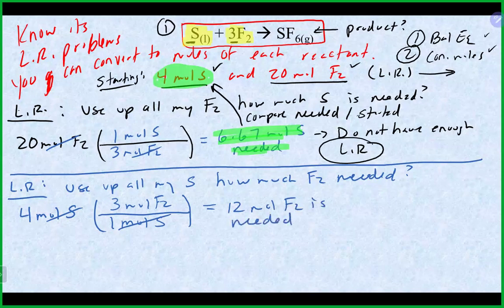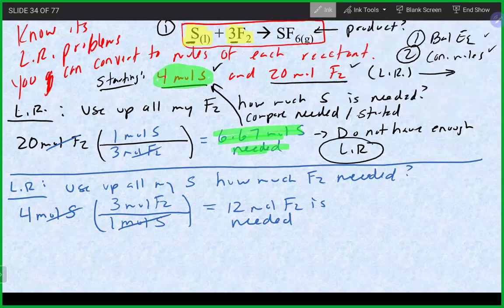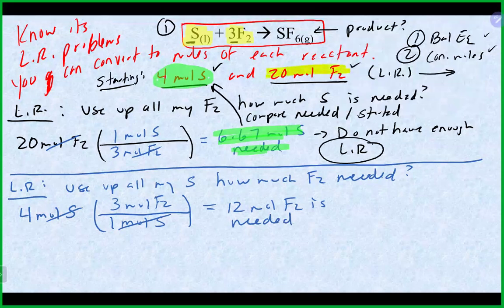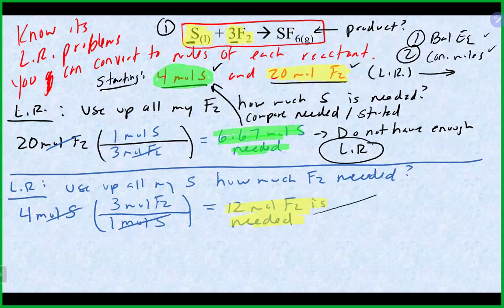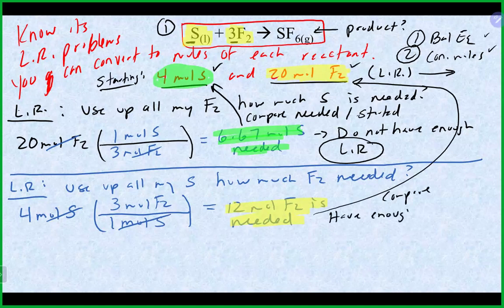Now, in this case, when I look at fluorine and I compare it to how much I started with, 20, I need 12. Do I have enough in this case? I do, right? I only need 12, but I am starting with 20. So I have enough. And if you do this calculation and you have enough, that means that this guy is actually your excess reagent.